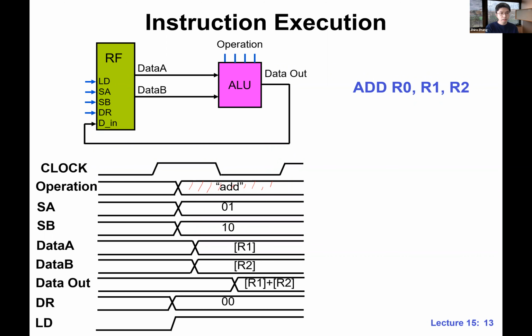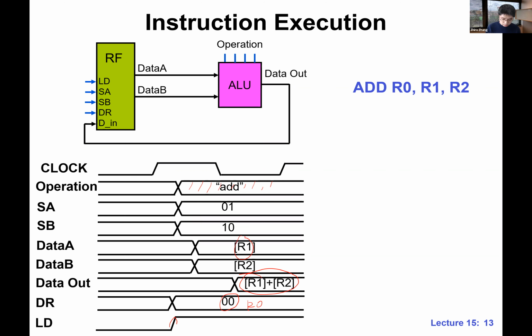We also assert LD, meaning that we want to write to the register file, and we provide the destination address, R0. We write these values into the register file.